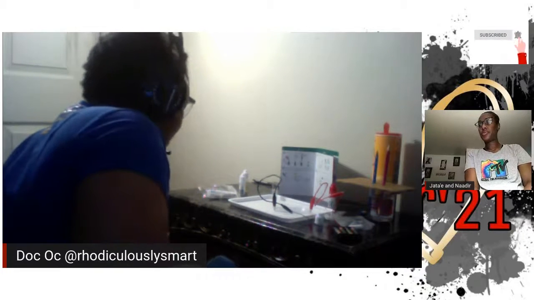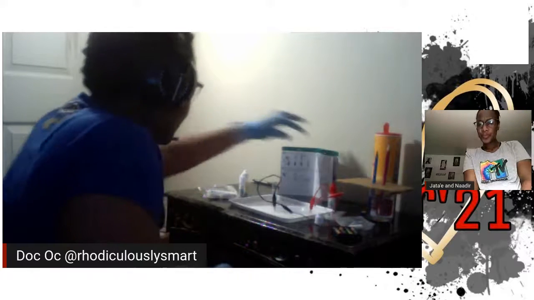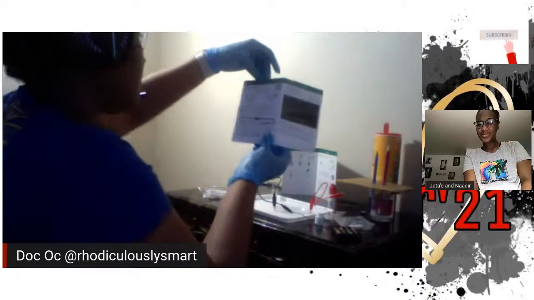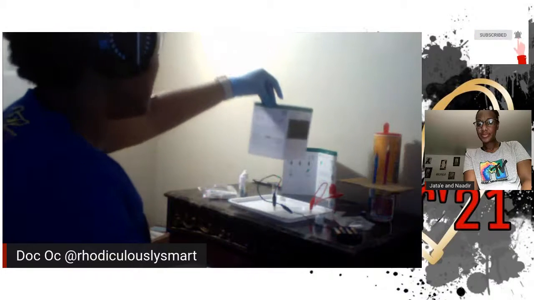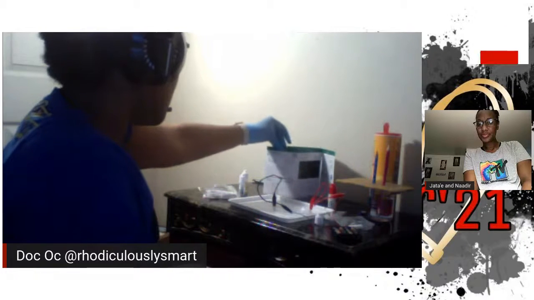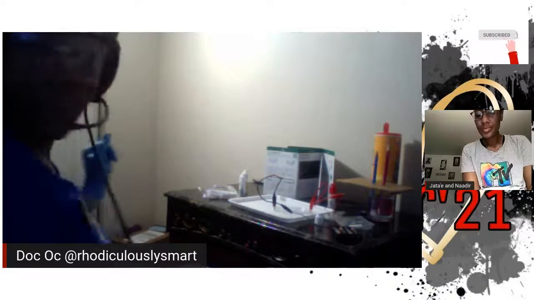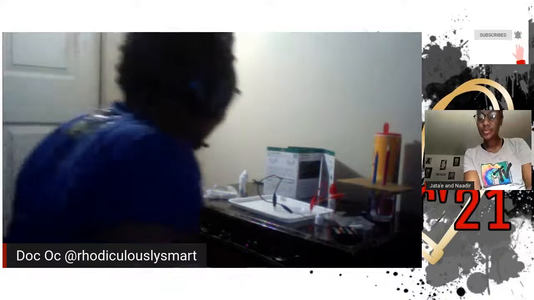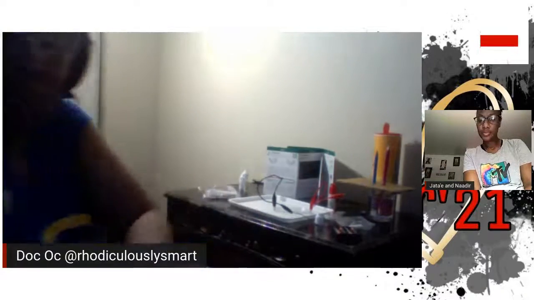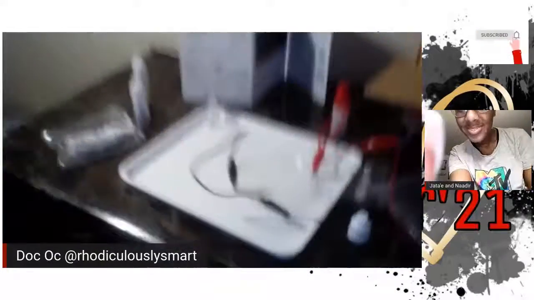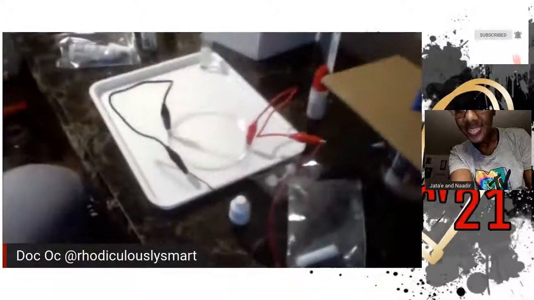Yep, right polarity. Okay, and then let's see, it's got more. So the electrons from the batteries cause a chemical reaction, one of the products of which is metallic tin. Oh, it's doing it. It's doing it.